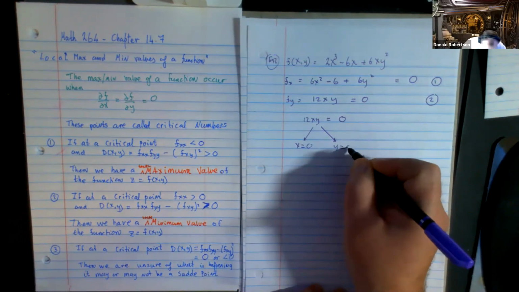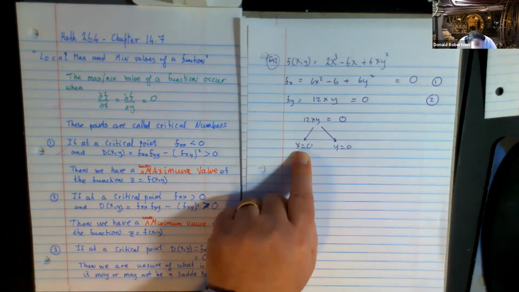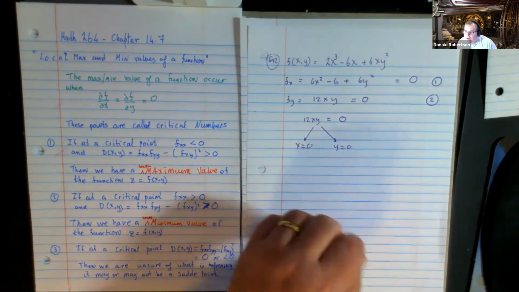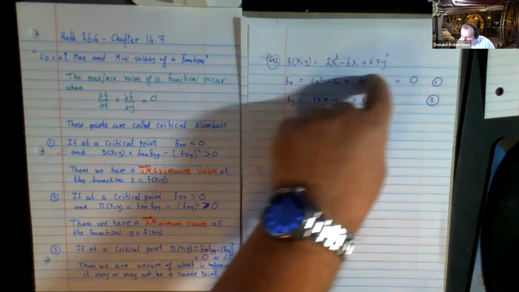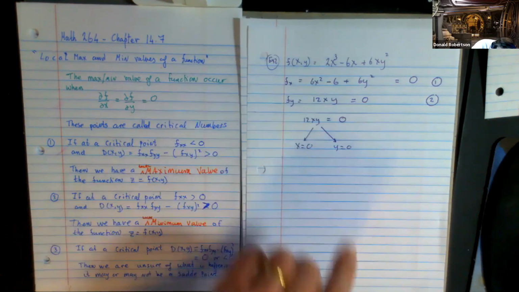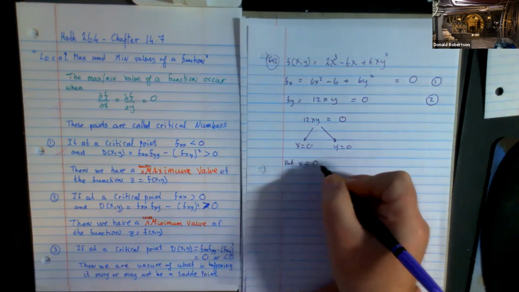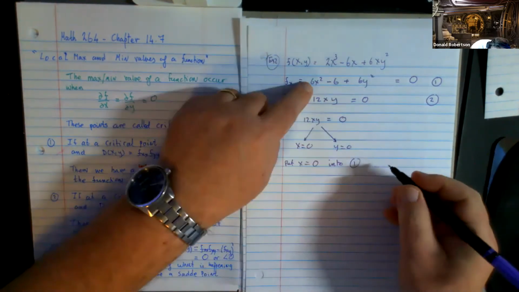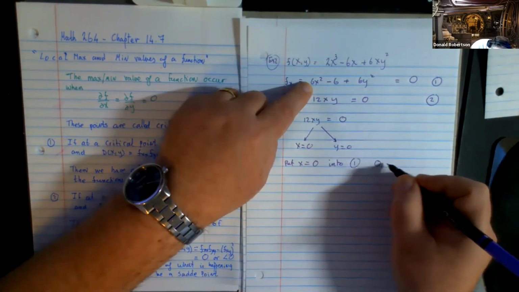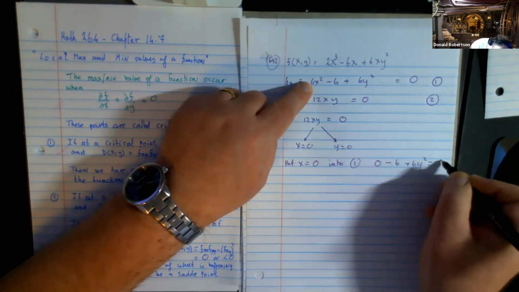Okay. Now what you should do is go to equation 1, put x equals 0, and find out what the values of y would have to be to make this also 0 at the same time. So essentially, I'm going to put x equals 0 into equation 1. That's going to be 6 lots of nothing, take away 6, add 6y equals 0.